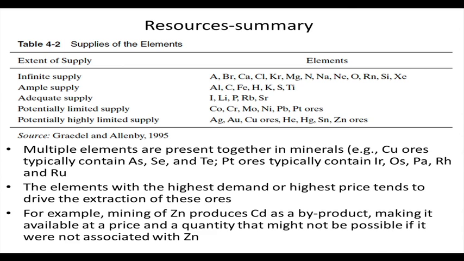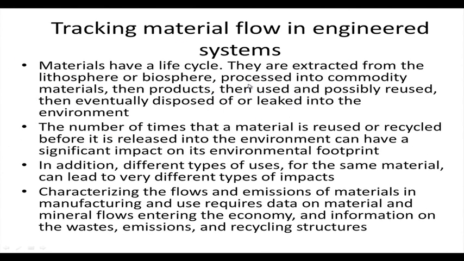You get it as a buy one get one free, as we say in many of these supermarket sales these days. So when you go for zinc, you get cadmium as well, so you can have a cheaper price for cadmium because you didn't have to make so much of an extra effort. That may not always be the case, but that's for all other elements.